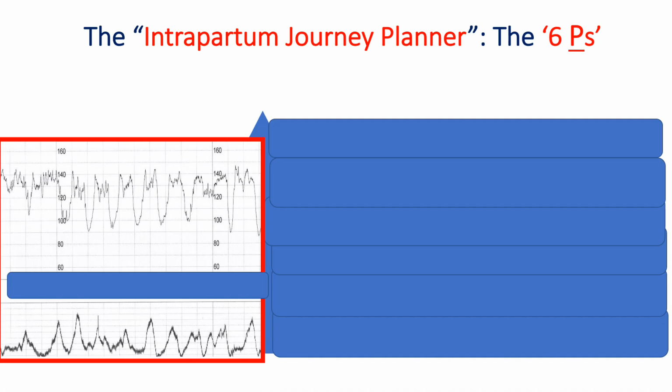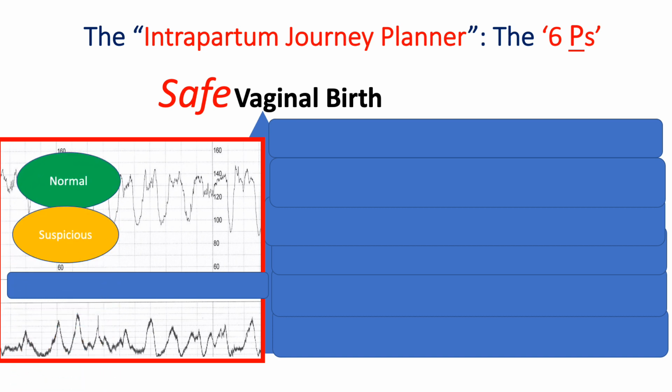Let's remember that just like any other journey, we need to have a journey planner during labor, the so-called 6 Ps, because all of us want to have a safe vaginal birth, and therefore having a CTG trace and classifying it as normal, suspicious, pathological, using predetermined criteria and arbitrary time limits for all human fetuses is unlikely to be useful.